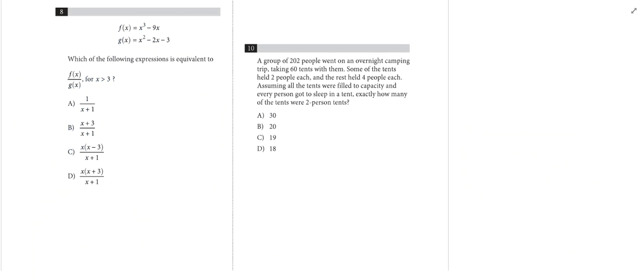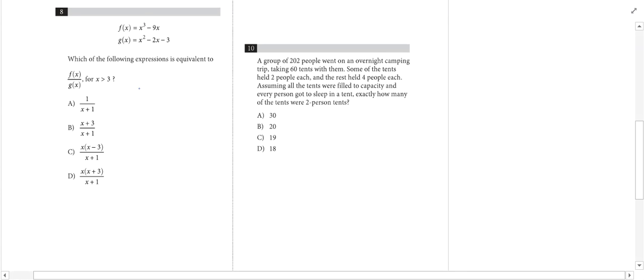Okay, let's look at number 8. For number 8, we have f(x) equals x cubed minus 9x, and g(x) equals x squared minus 2x minus 3. Which of the following expressions is equivalent to f(x) over g(x) for x greater than 3? For this one, first we just substitute in.